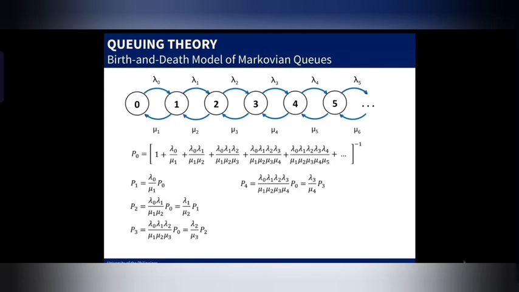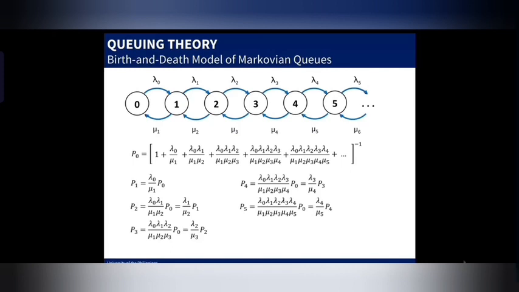P4 is equal to lambda naught lambda 1 lambda 2 lambda 3 over mu 1 mu 2 mu 3 mu 4 times P naught, or lambda 3 over mu 4 times P3. P5 is equal to lambda naught lambda 1 lambda 2 lambda 3 lambda 4 all over mu 1 mu 2 mu 3 mu 4 and mu 5 times P naught. That is also equal to lambda 4 over mu 5 times P4.